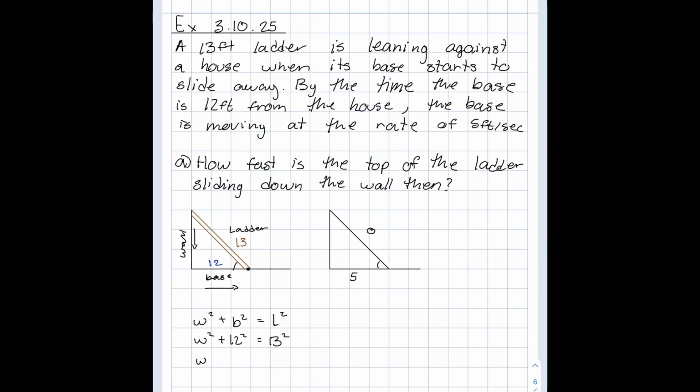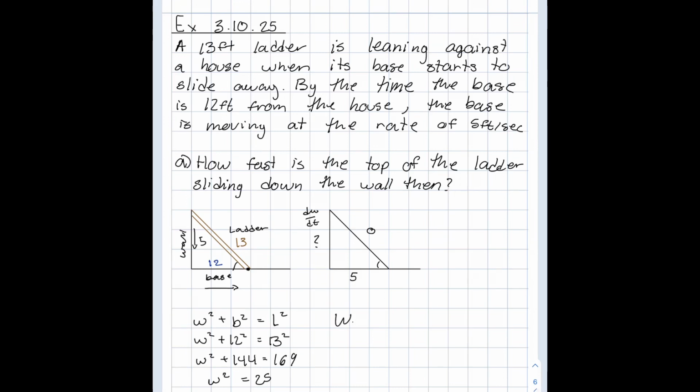So what is this, 144 and 169. If I subtract them, I get that W squared equals 25, and that W equals 5. Beautiful, and I've completed this triangle. I still don't know what this is. Oh, not 0. But I want to find it.